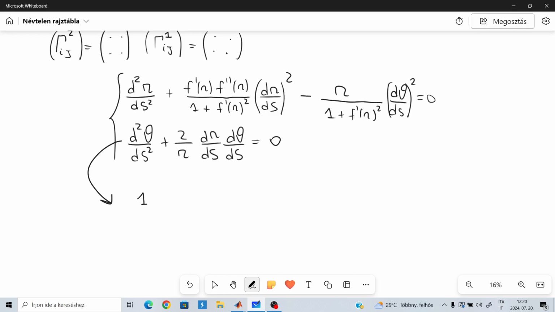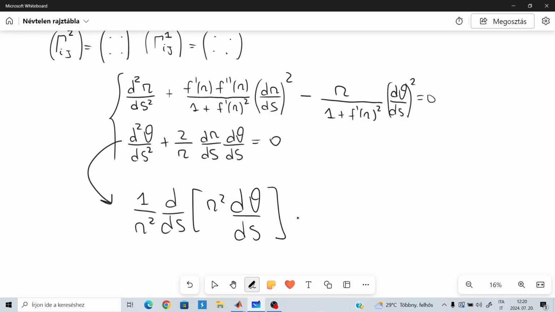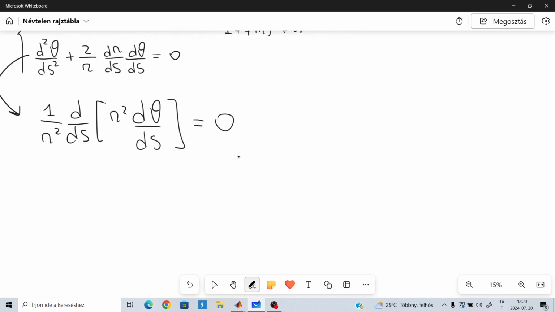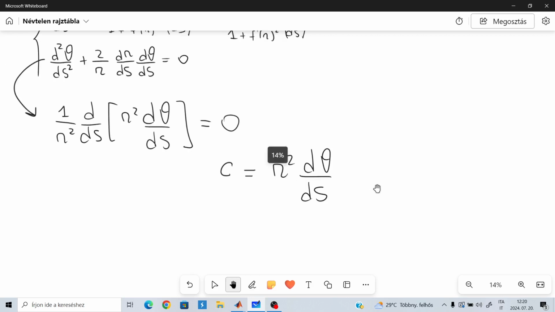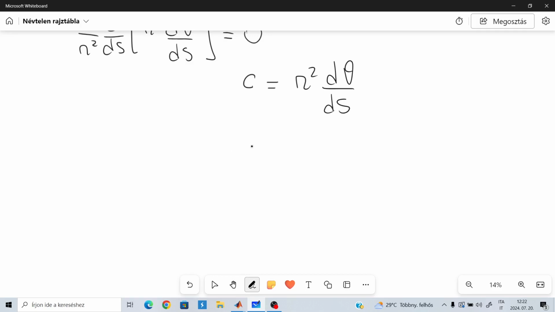We have 1 over r squared, d/ds of (r squared d theta/ds), equal to 0. Now, basically, this means that there must be a constant c such that c is equal to r squared d theta/ds, like this. And this means that if c is not equal to 0, we can rewrite this equation as ds equal to r squared over c d theta.